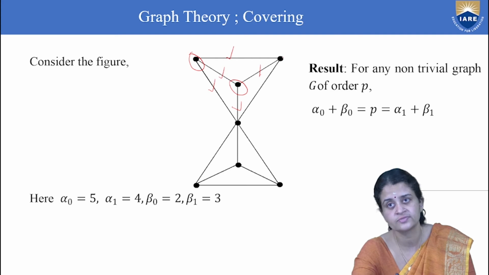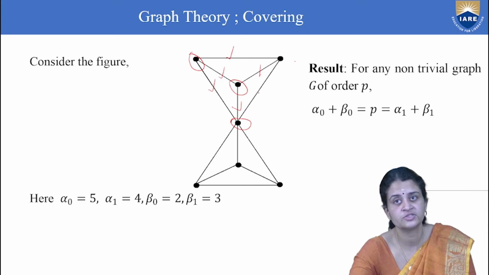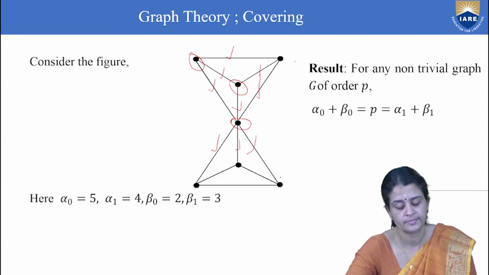Is it required to take this one? No, better I take this one, right? So this edge will be covered, and these 3 edges will be covered. Next, which do I have to take? If I prefer this one, these 2 edges will be covered.